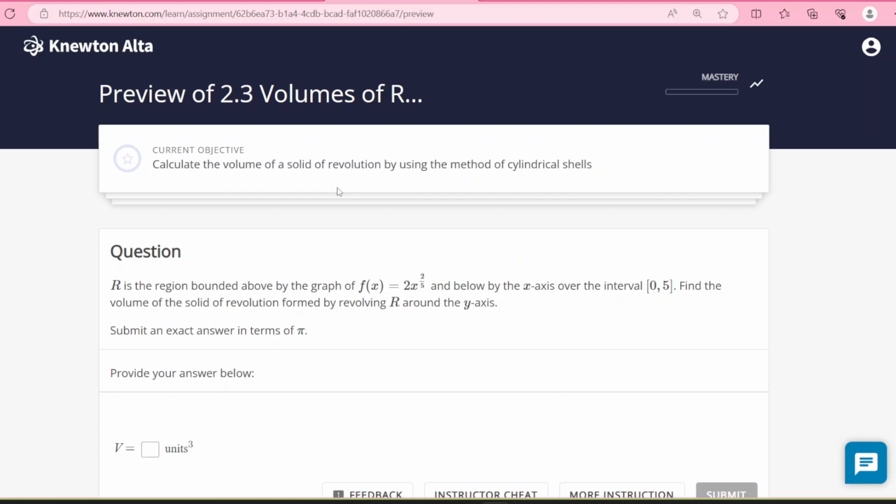But if you want to get these cylindrical shells, you need to take thin slices, thin rectangles, that are parallel to the line of rotation, or the axis of rotation. I'll describe that when we actually write out this first problem on a piece of paper.